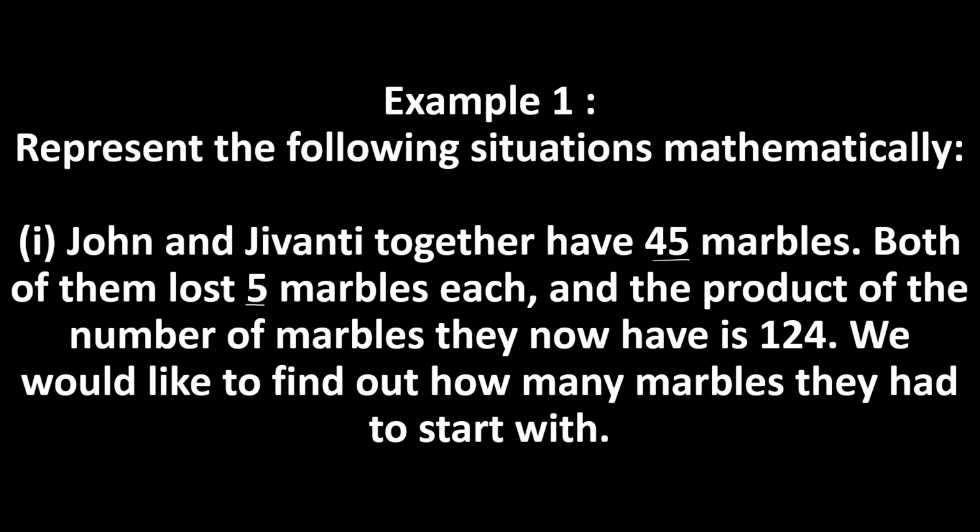The same happens with Jivanti. And the product of the number of marbles they now have is 124. It's given. We would like to find out how many marbles they had to start with.